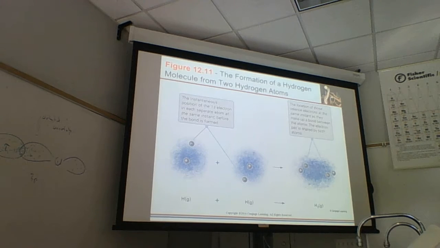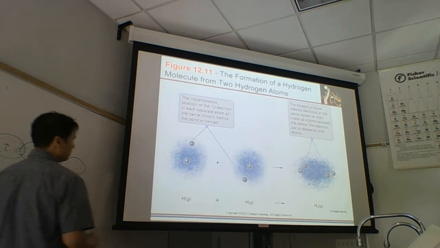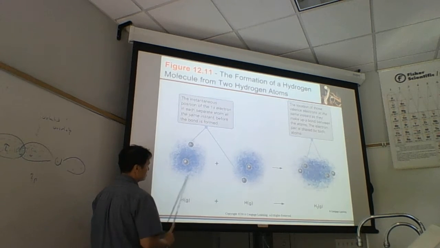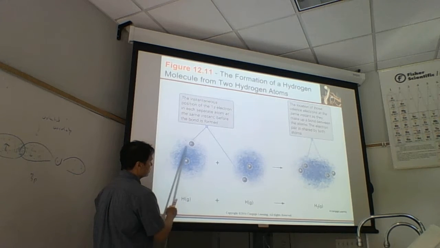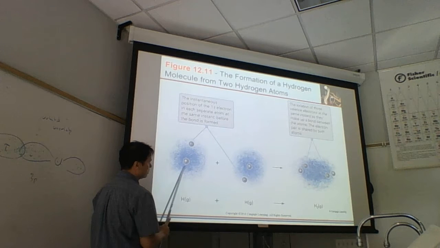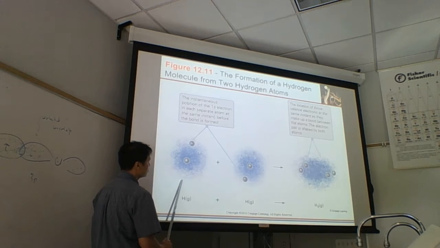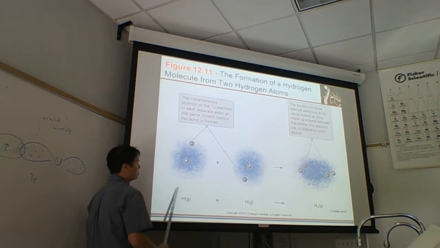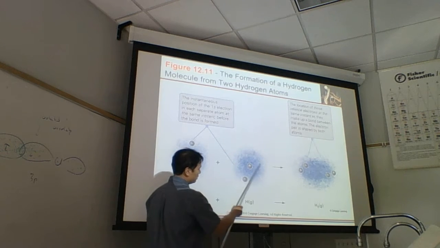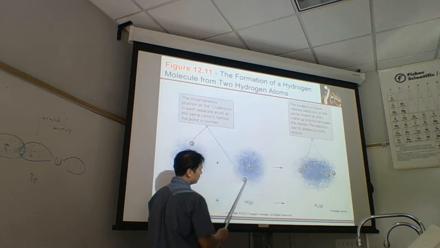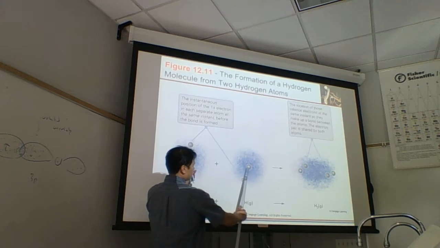So here we can see with hydrogen. What I'm drawing here is the 95% boundary. The 95% boundary would be this circle around here. What they're showing is electron cloud. So here's a 1s orbital on 1 hydrogen with 1 electron. This is the nucleus. Here's the 1s orbital on another hydrogen atom, 1 electron. What we do is we bring them together.